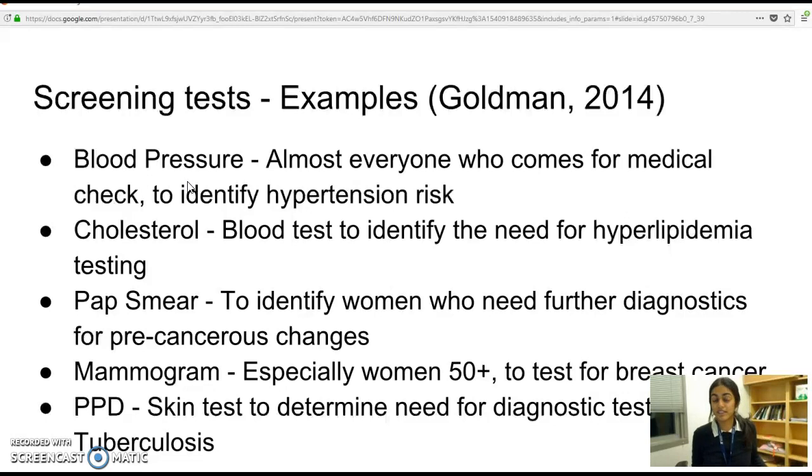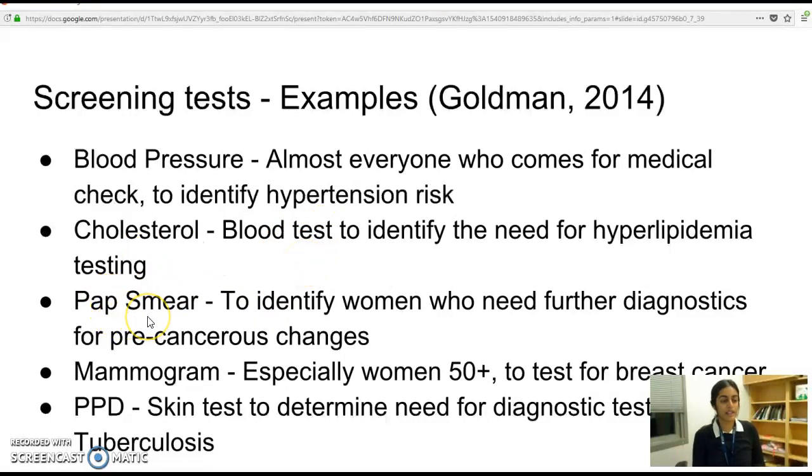The medical assistants or nurses will usually do a blood pressure check before the doctor even comes in to identify risk for hypertension. Cholesterol is a blood test to identify the needs for hyperlipidemia testing. Both of these are pretty common screening tests that happen very often at general checkups with the doctor.